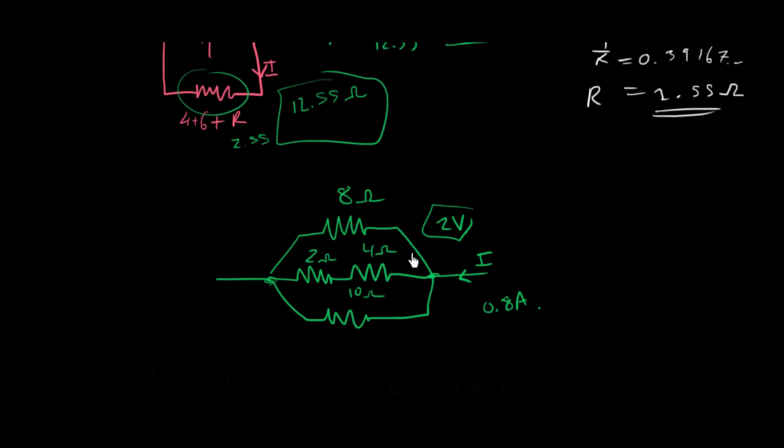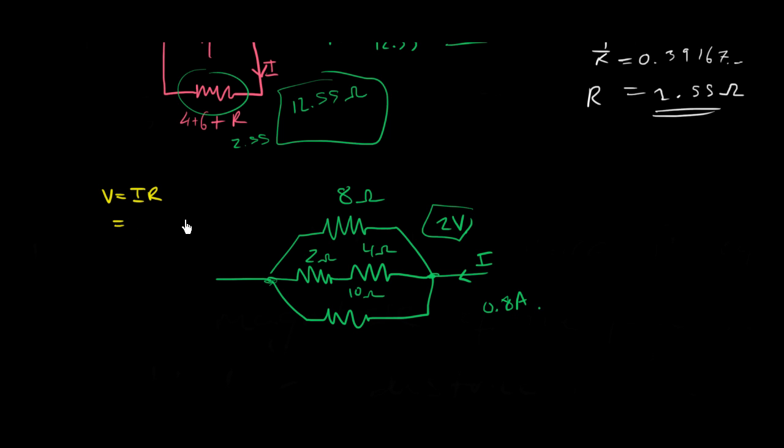Let's see. So the potential difference through each of these branches is 2 volts. So there we have a resistor with a resistance of 8 ohms. If we use the equation V equals IR across that resistor, which essentially means we're going to put a voltmeter through there to see what we read, what do we get?